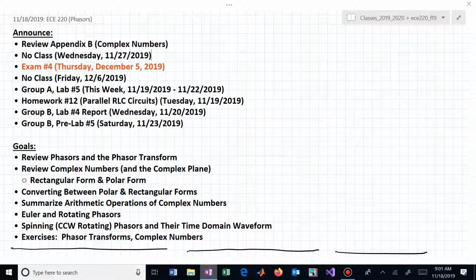What we're doing today: last time we talked about sinusoids, how we can figure out where they are, leading and lagging.